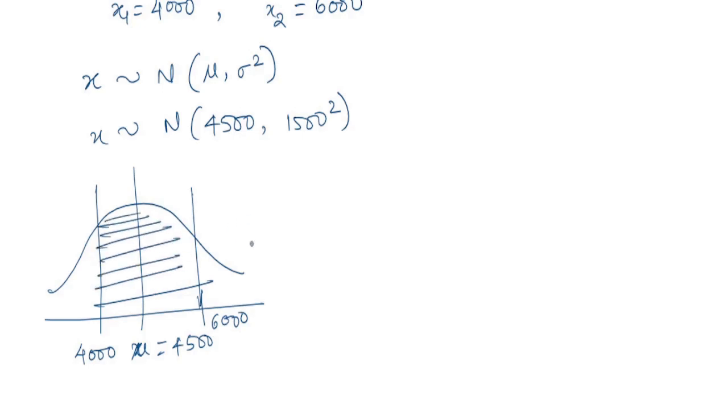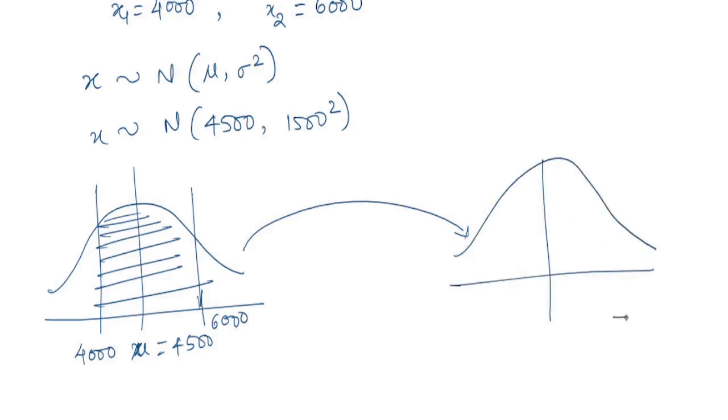Now we transform this to the z transformation, that is the z variable. With the formula z is equal to x minus mu upon sigma, at this line x and mu are both the same, that is 4500, so 4500 minus 4500 divided by 1500, so the value of z is equal to 0.